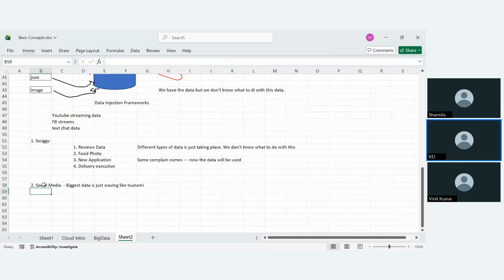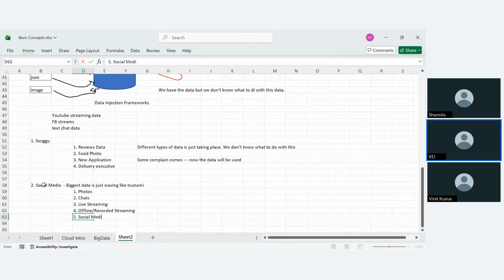This data can be photos, chats, live streaming, or offline, recorded streaming.